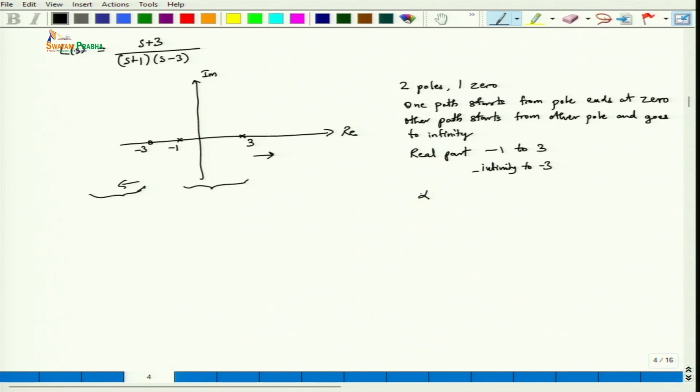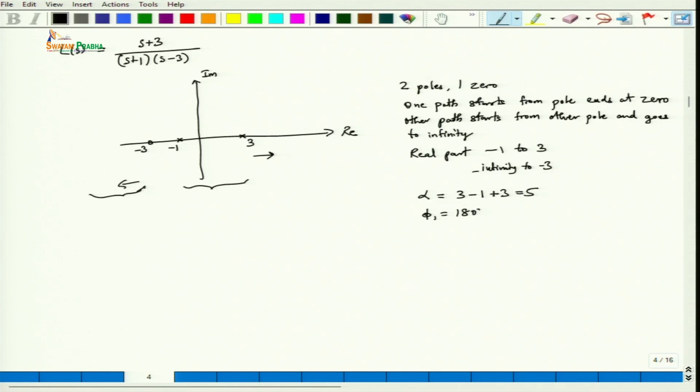Now, coming to the value of alpha, in this case it will be (3 - 1 + 3) = 5, and phi 1 will be equal to 180 degrees. So basically the asymptote is along the negative real axis.